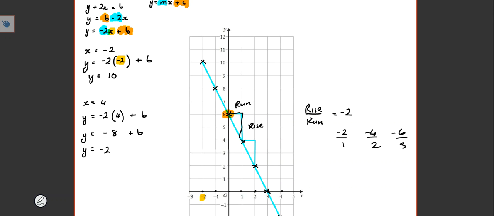So you can see from the line, it doesn't matter what I do. If I went 2 across, I need to go down 4. And you'll notice that it does. If I went 3 across, I have to come down 6. So that's your rise over run equaling minus 2.